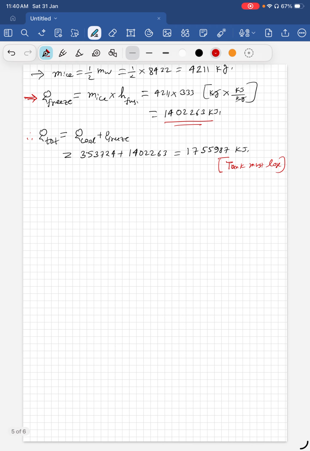Of course not, because the solar system works only for 3.5 hours, then it stops. So we have to split that time. First, we have to check when the solar system was on, what energy was associated with the system, what was happening in the system, and how much time it takes. And then when the solar system is off, what is happening in the system, we can calculate later.